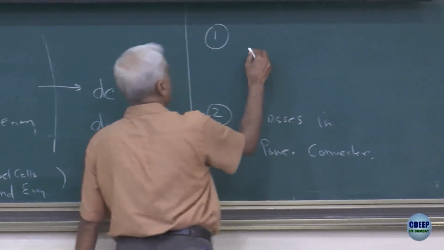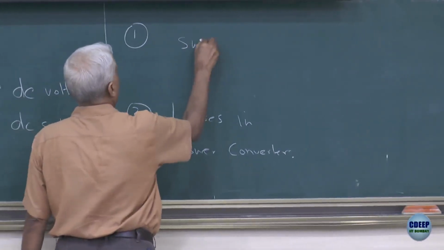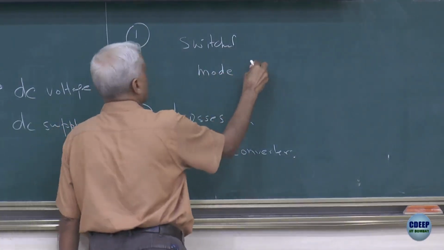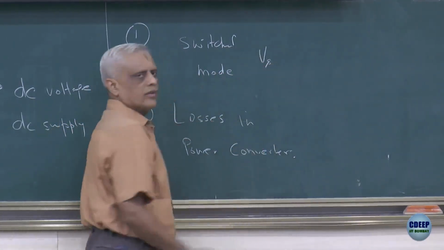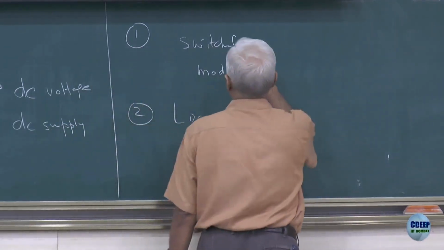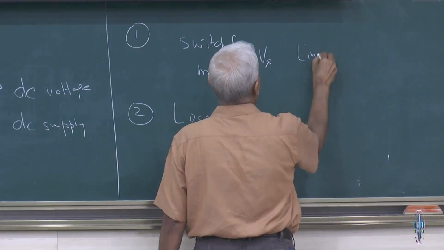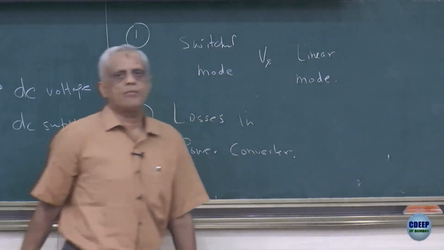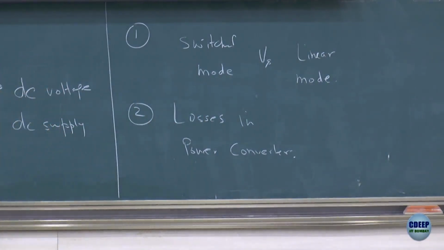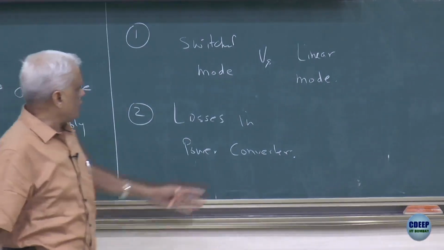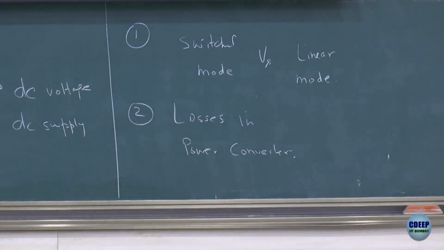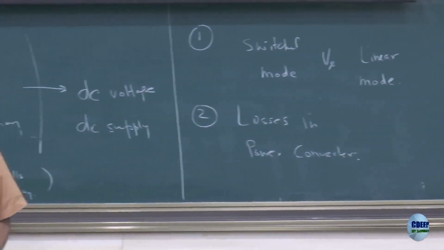Plus, I want to tell you something about switched mode operation versus linear mode of operation. Okay, now, just go to the previous screen or the board where I have drawn that chopper circuit for you.